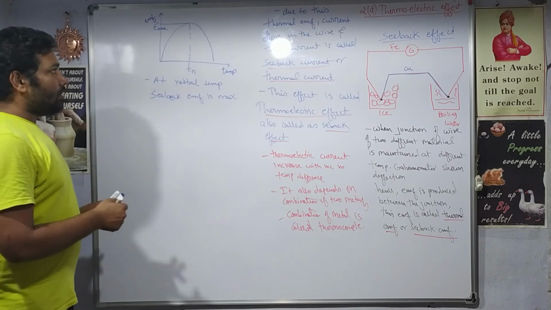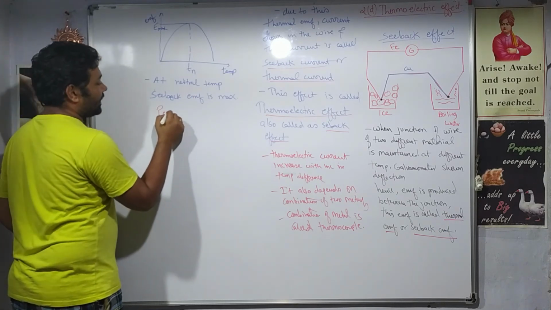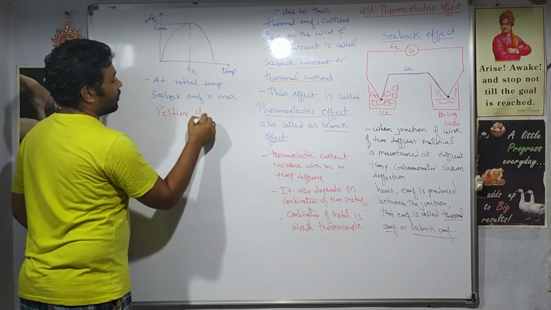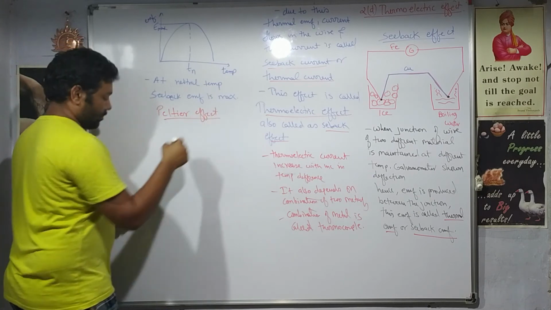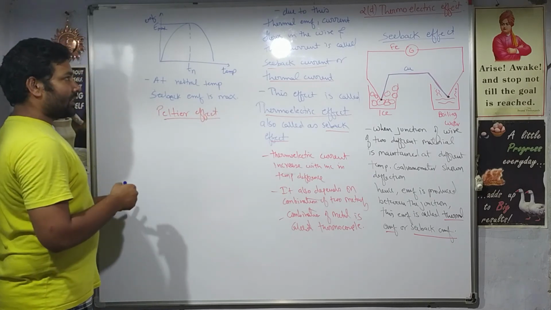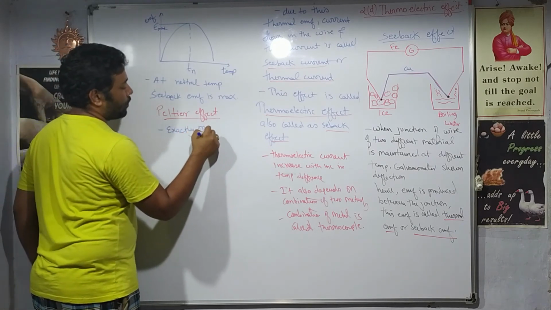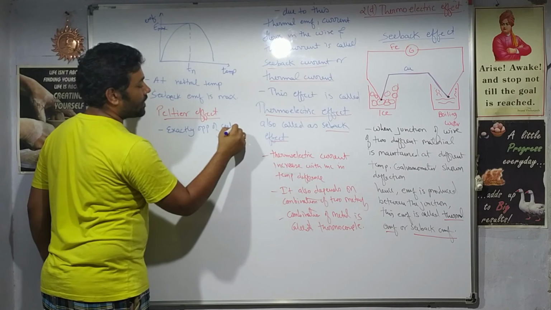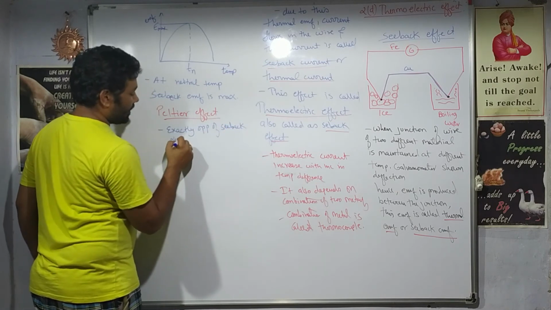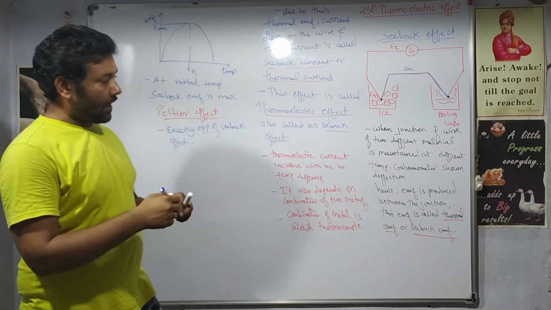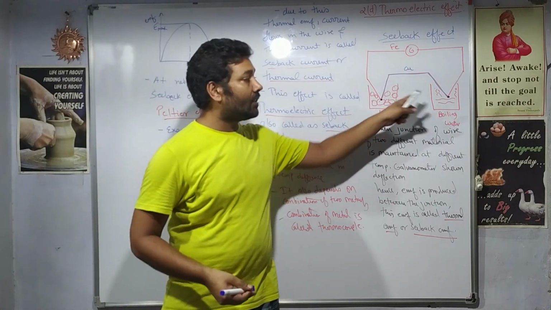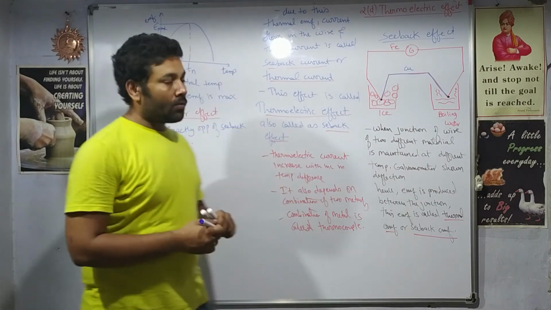The other effect we have is the Peltier effect. The Peltier effect is exactly the opposite of the Seebeck effect. What does it mean? In the Seebeck effect, if you maintain junctions at different temperatures, current flows.